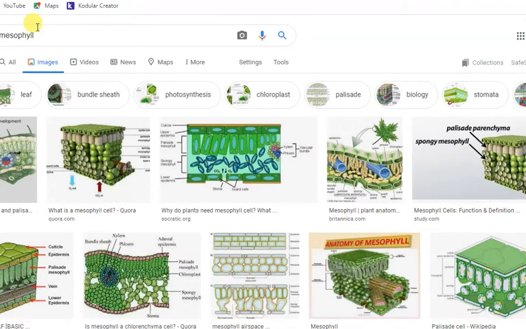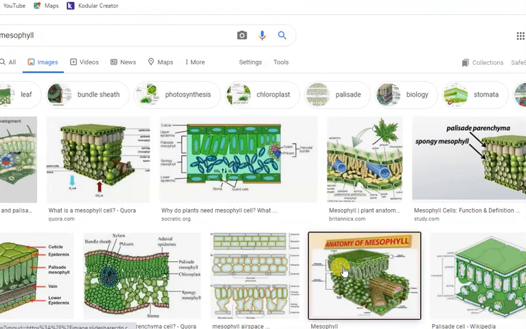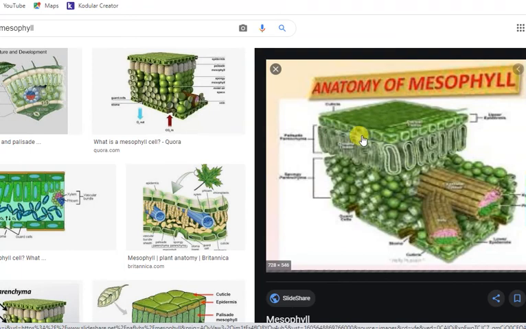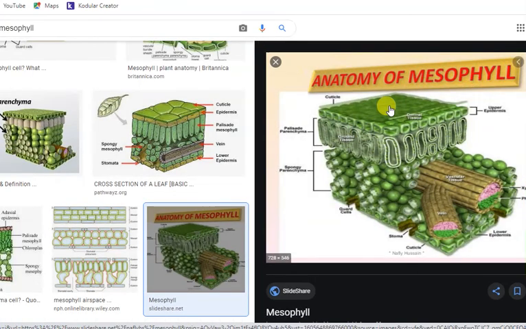The difference between epidermis and the mesophyll is not much, because as you can see, the epidermis tends to cover the outer layer, but the mesophyll is the one which is present inside.